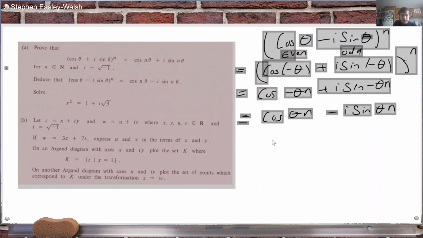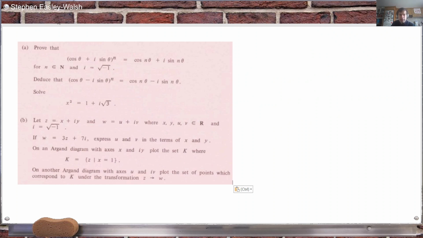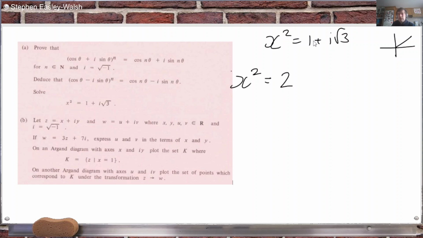Okay. We want to solve x squared equal to 1 plus i root 3. I root 3 is in the first quadrant, so in polar form, the r is 2, the square root of 1 squared plus root 3 squared. And then the angle is 60.